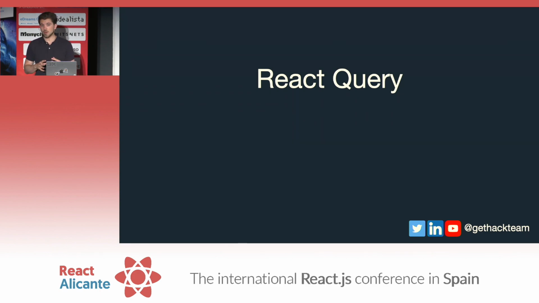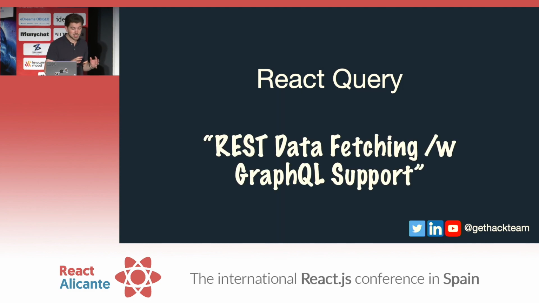But when we're talking about GraphQL clients, I always like to say that React Query might be REST data fetching with GraphQL support. Because usually when you're using React Query with GraphQL, you're still using no client inside your React Query request, or maybe using GraphQL Request. So you're not taking full advantage of all the tools that are out there to help you work with GraphQL APIs.